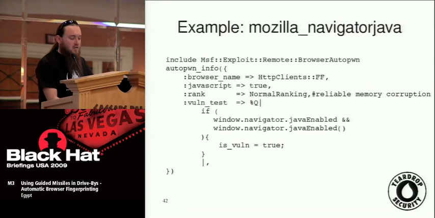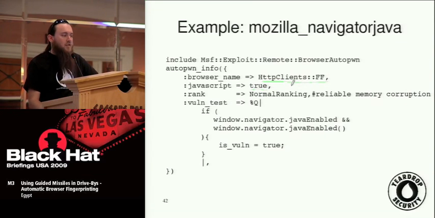You're just passing in a constant describing what the browser is. It requires JavaScript. Some exploits that don't require JavaScript get sent in case JavaScript is turned off, so if you can do the exploit without JavaScript, setting this to false will work on hosts that have JavaScript turned off.